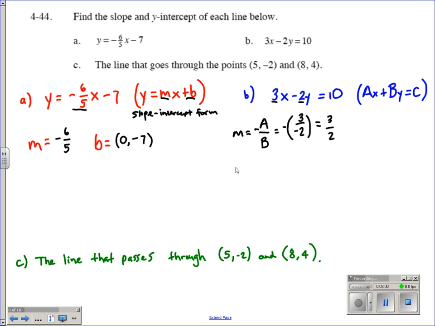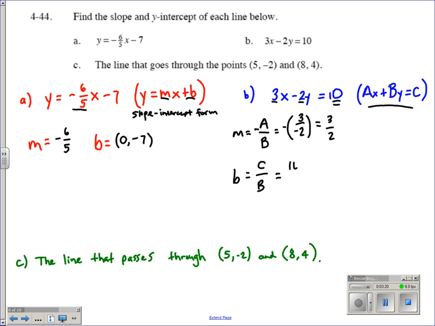For our y-intercept, when it's in standard form, it is going to be equal to c over b. Our c is our constant term over here by itself, 10.